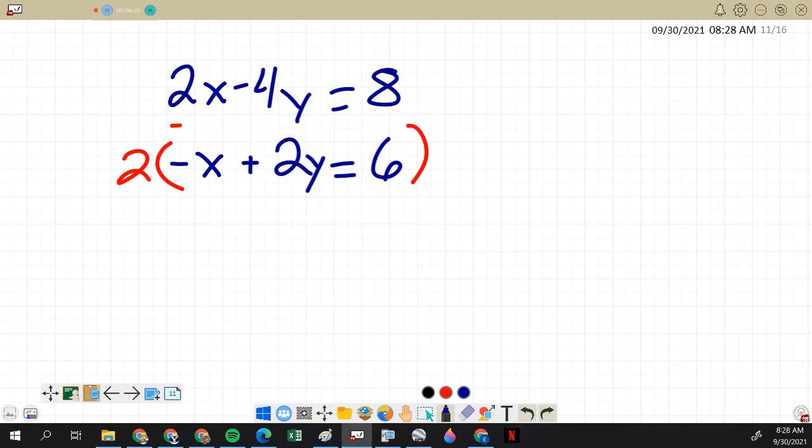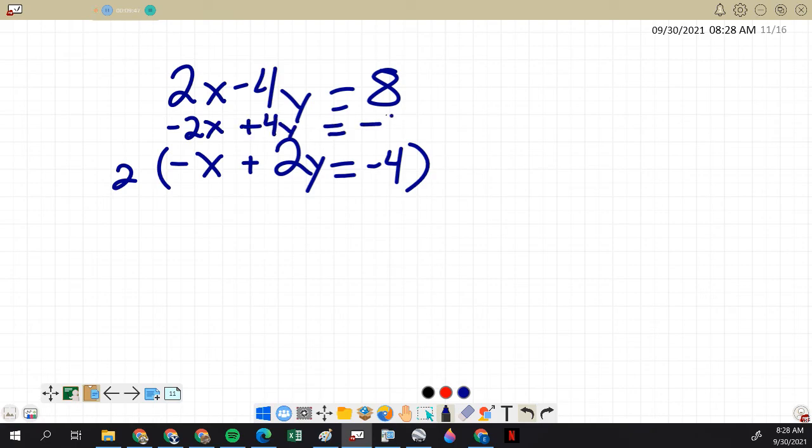And if you look carefully, you'll notice that those are actually the same equation with different answers. So if you double the bottom, or if you times the bottom by -2, then the left sides are equal and the right sides are not equal. So if I change this to a -4, now when I double the bottom, I'm going to get -2x plus 4y is equal to -8.